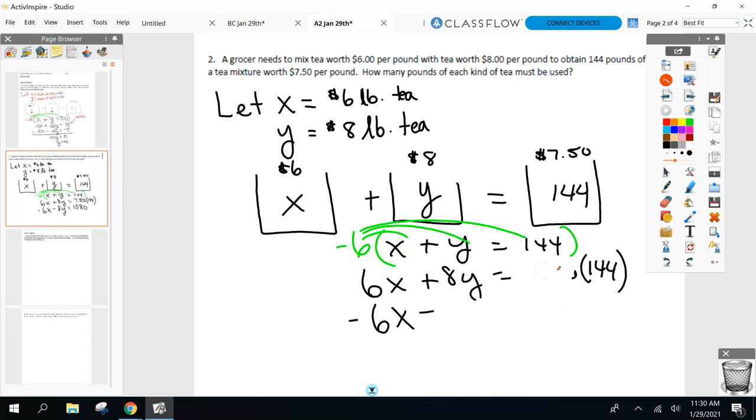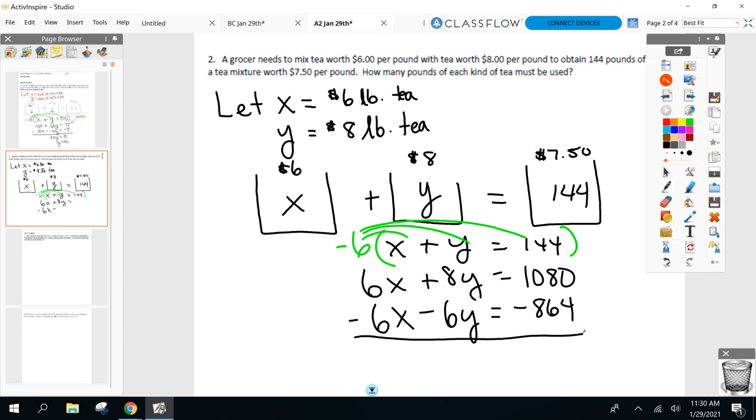I'm a hot mess right now. Okay, that's 1,080 minus 6y. All right, how about that? We good? Okay, cross off your x's.